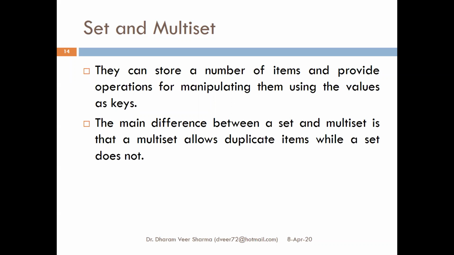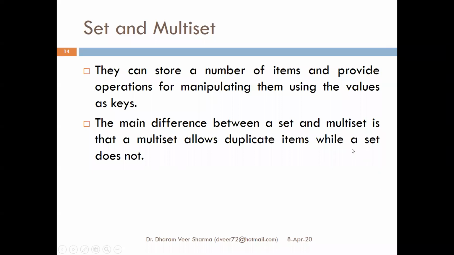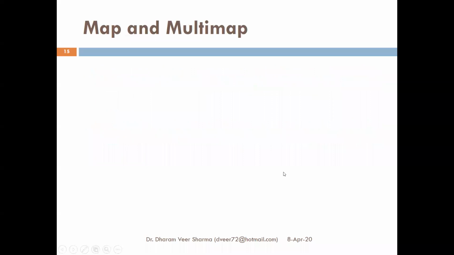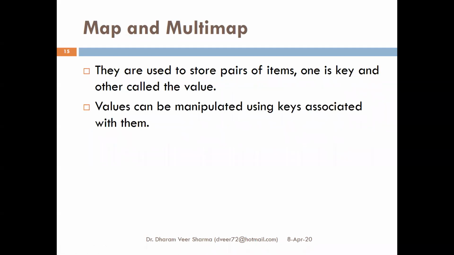So what's the major difference? A multiset allows duplicate items while a set does not allow. Multiset may have duplicate items, but in case of sets, duplicate items are not allowed. Similarly, maps are used to store pairs of items. One is the key, the other is called the value.